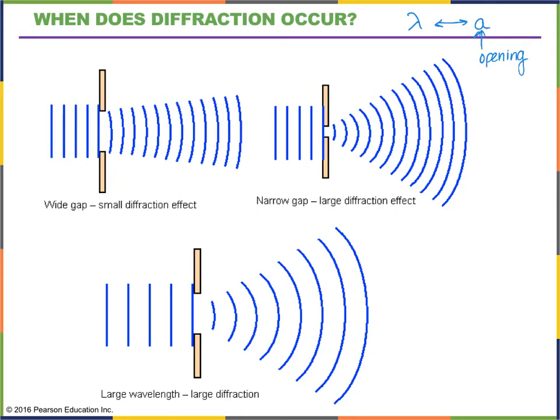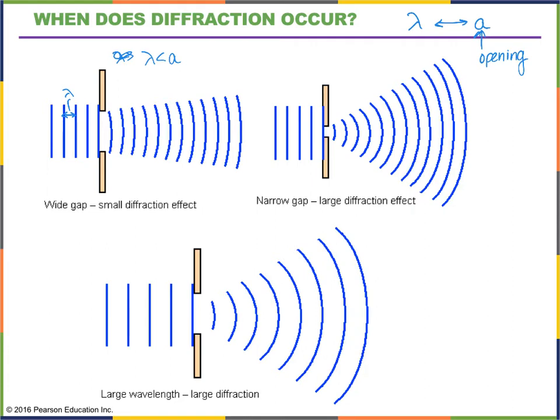So in the first picture, the wavelength is actually shorter than the opening. The opening is pretty wide compared to the wavelength. Keep in mind that the distance between these wave fronts gives you the wavelength.